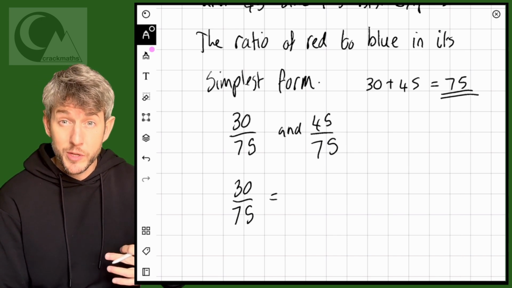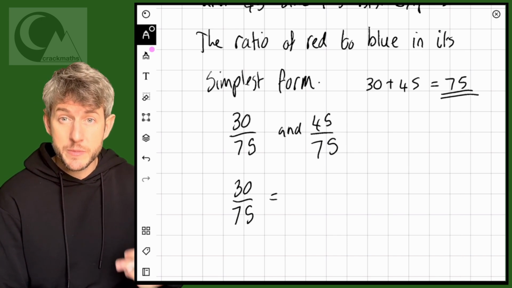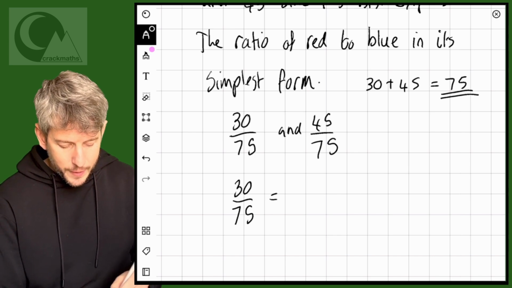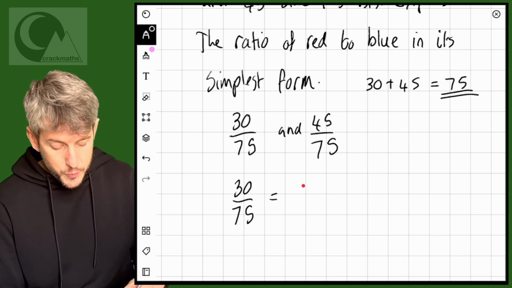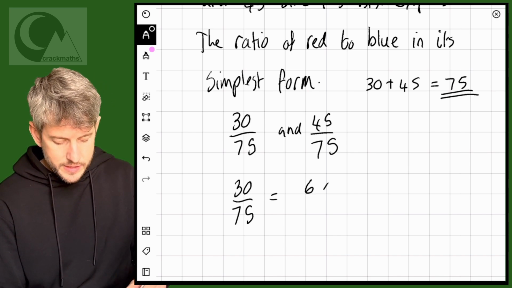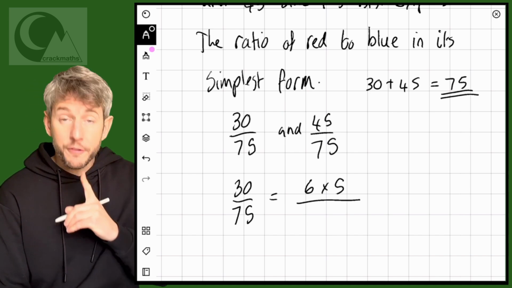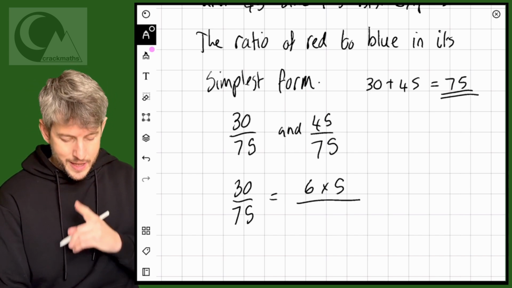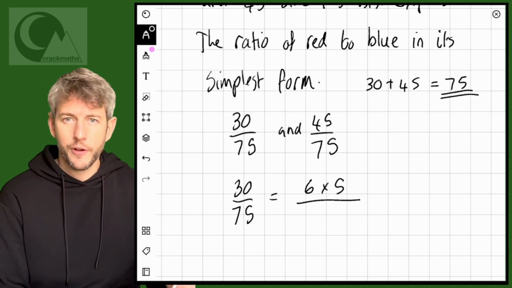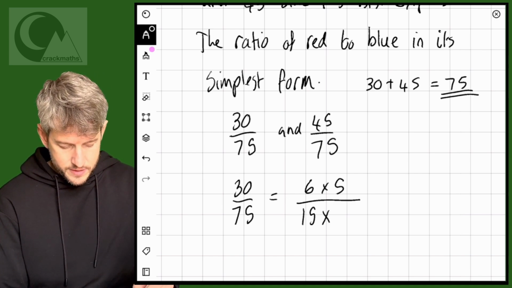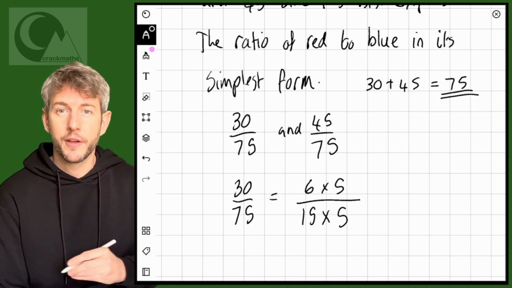One ends in a 0, one ends in a 5. They are both divisible by 5. So I'm going to think about 30 being 6 times 5. And I'm going to think about 75 as being 15 times 5.